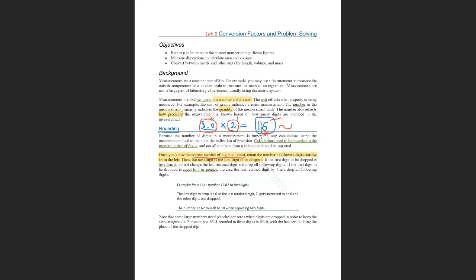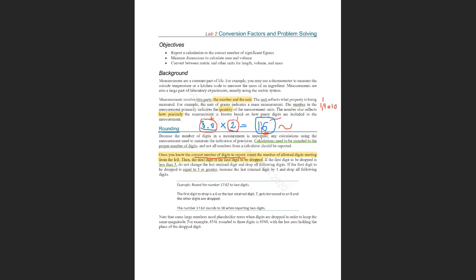That means if I have to write 14 to 1 sig fig, I round it to 10. If the digit to drop is less than 5, we don't change the last retained digit, which is the 1, and drop all the following digits.